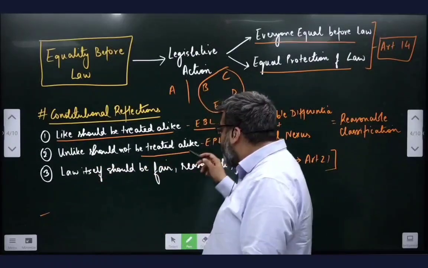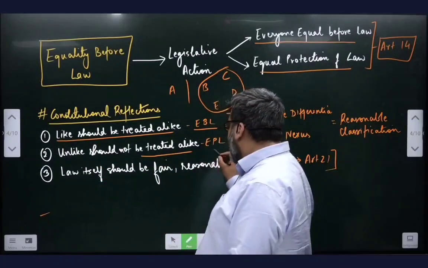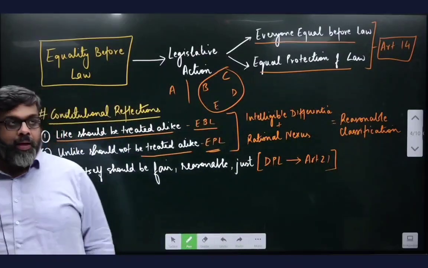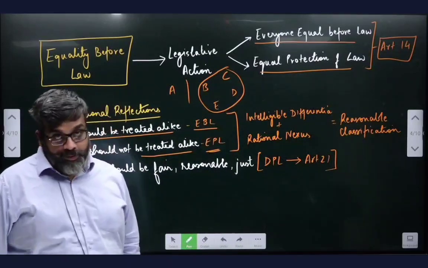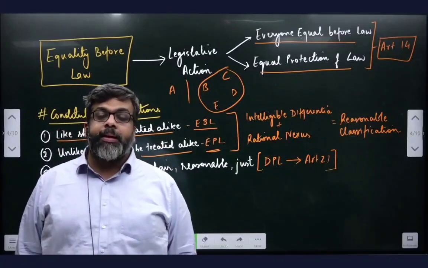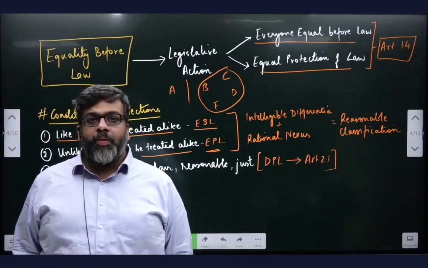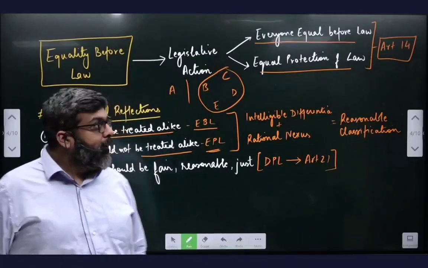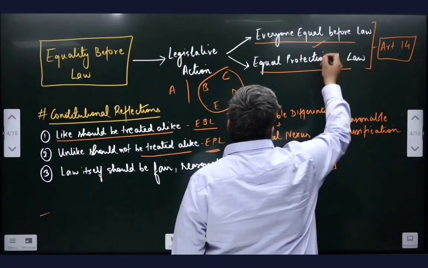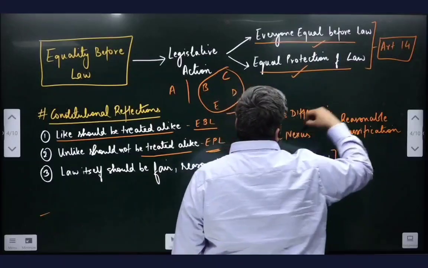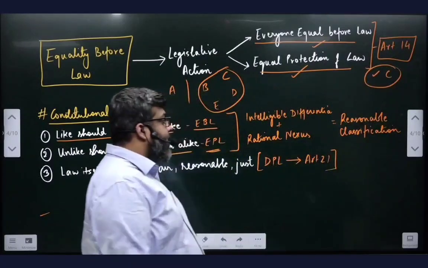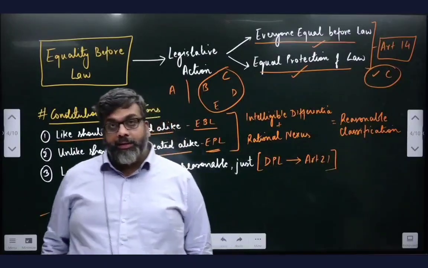Unlike should not be treated alike. This is the concept of equal protection of law. This is also the birthplace of affirmative action. This also allows for reservation policies to be there. It is a very important, nuanced principle, and thankfully, both equality before law and equal protection of law are explicitly mentioned in the Constitution, which now raises the larger question.